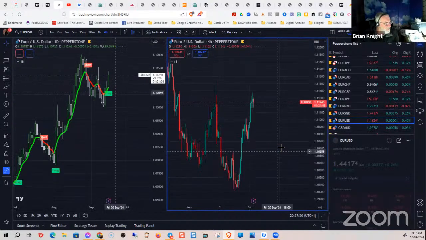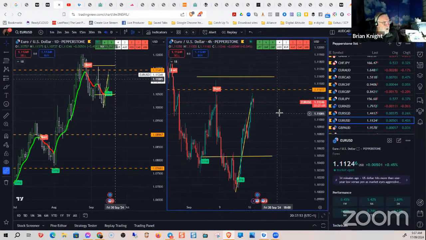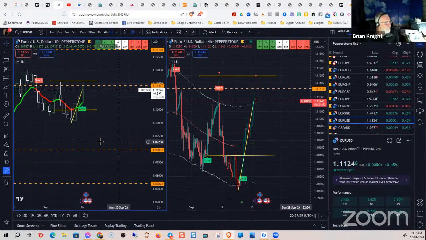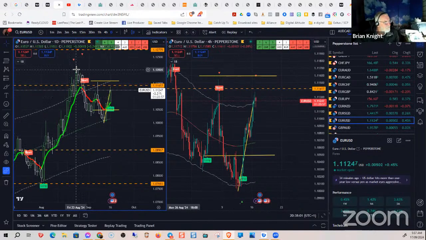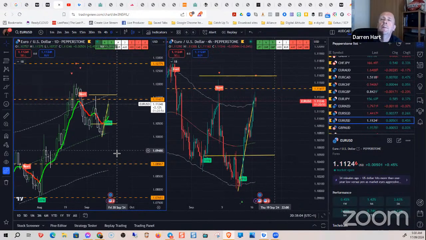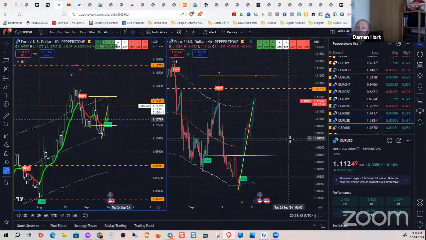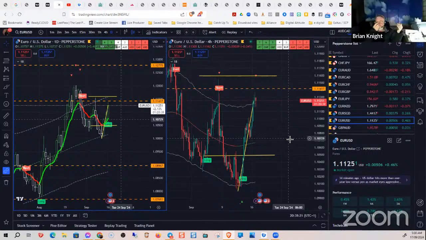Okay, Euro USD is the one. So there's the push up. All right, we've got a long on that on the daily. I'm in the sell still from the short, so a bit of drawdown. Again, Darren, this could quite easily just sell right out when the interest rate decision comes, which means the euro weakens and the US strengthens, which would be totally against the fundamental understanding that if you lower the interest rate of the country, it would weaken.